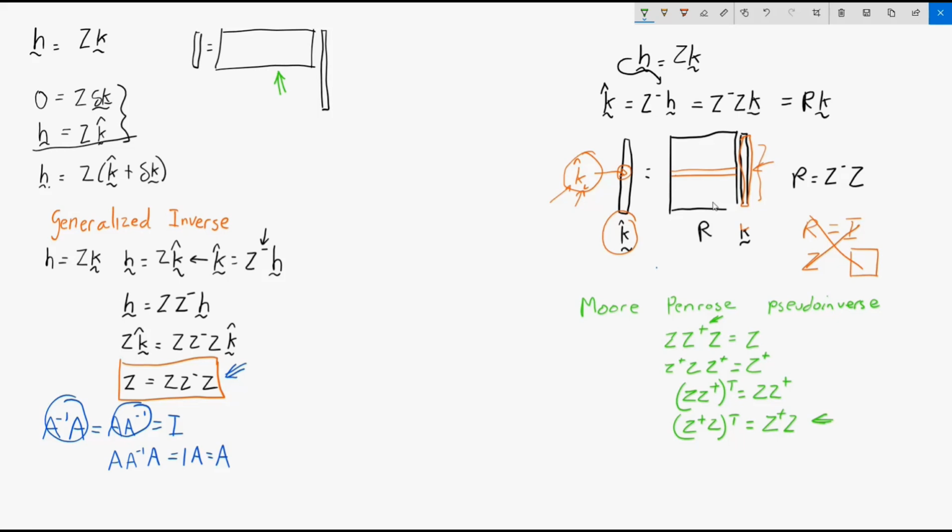Now it can be shown that the Moore Penrose pseudo-inverse is not only unique, but the parameter set k hat that we obtain through application of that Moore Penrose pseudo-inverse gives us a k hat whose norm is the smallest of all k hats that solve the equation Zk equals h.